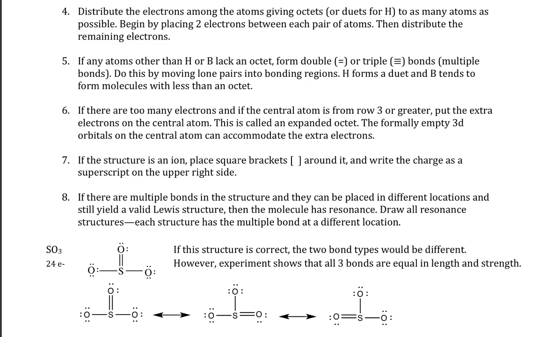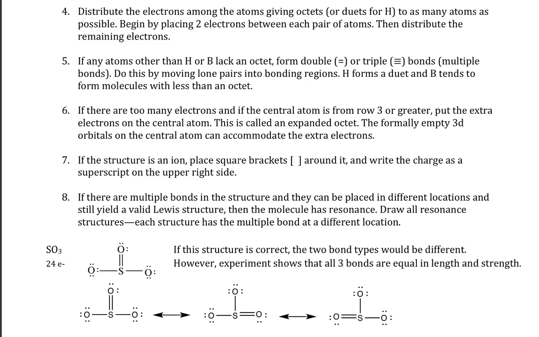So if it looks like in your single bond picture there aren't enough electrons for every atom to be happy, then start drawing in more bonds, draw in multiple bonds. Now, every time you draw in an extra bond, a double bond, triple bond, you have to realize those count from the total number of valence electrons. Okay, so that's if there aren't enough electrons, you do multiple bonds.